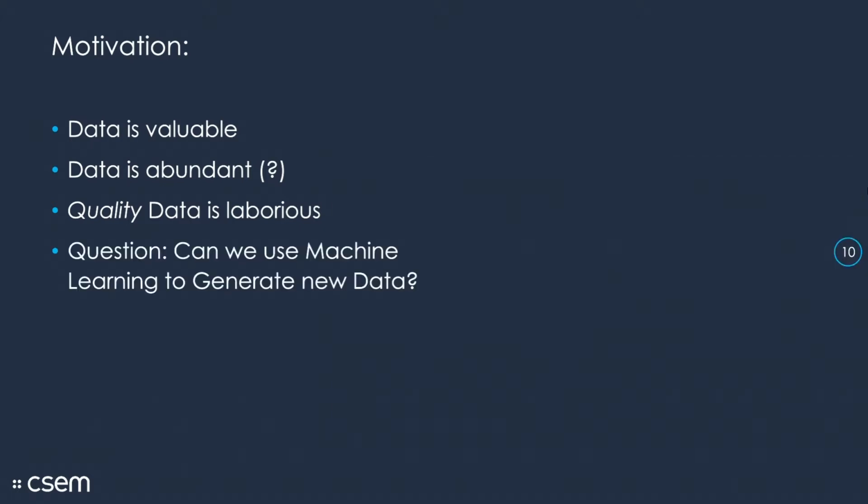So the question is, how do we use the recent approaches in machine learning and deep learning to generate new data, new quality data, to help us train better algorithms?